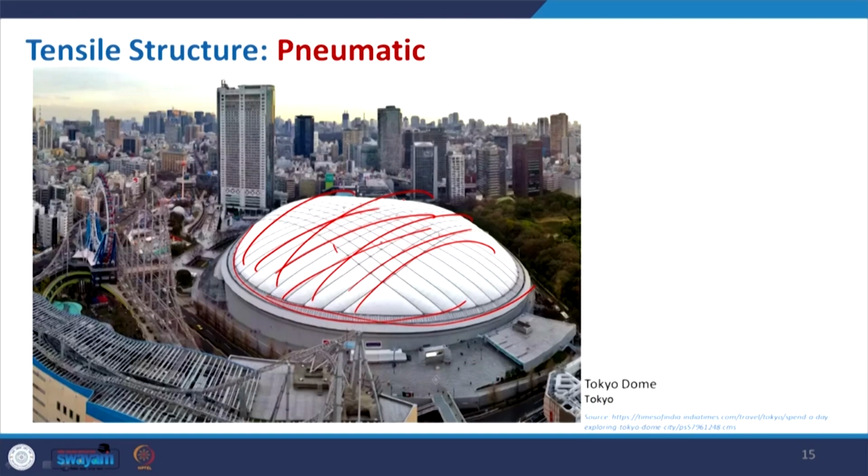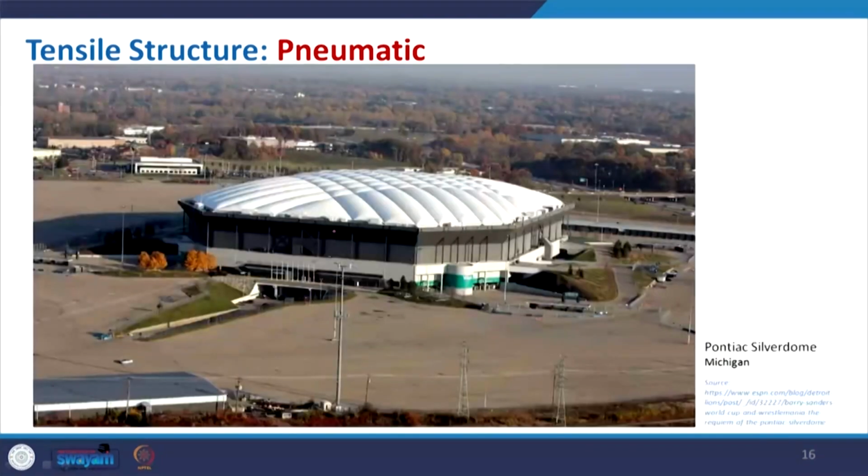This is again another example of a tensile structure, where, due to the air blow, those portions try to expand and go away from each other, so tension is developed at this point. This is an example of a pneumatic structure.